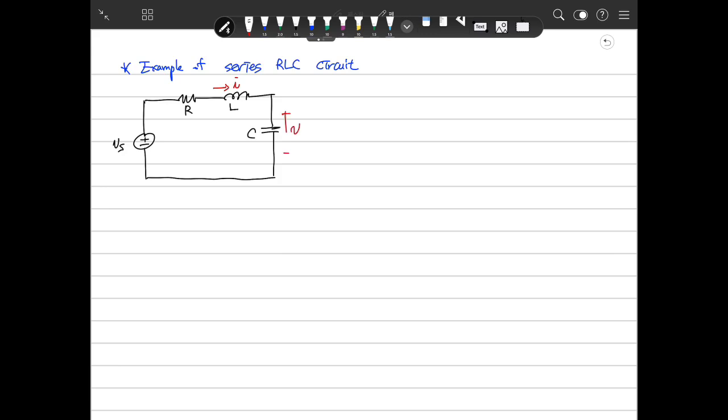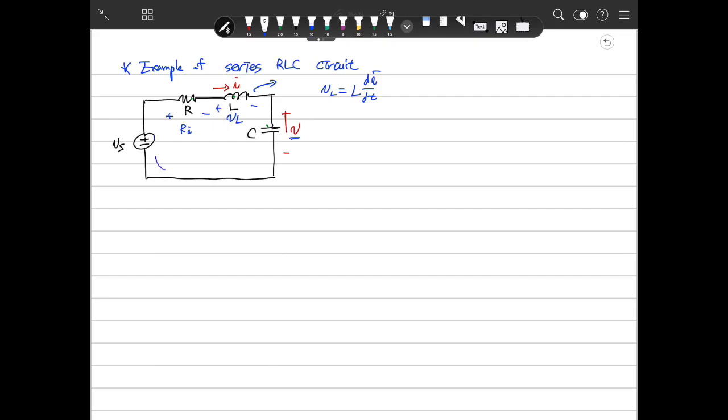So I and V we define here. Then we make one first order differential equation. How to get it? Because this is connected in series, we can define here. This voltage is Ri, and for the inductor we define VL as L dI/dt, and you put the V here.